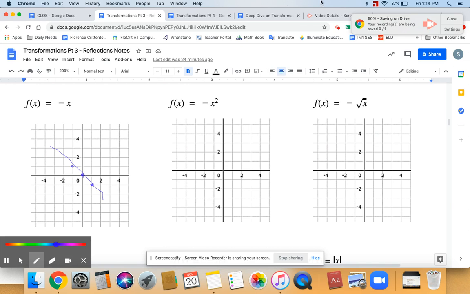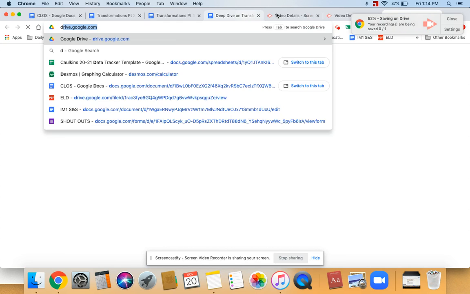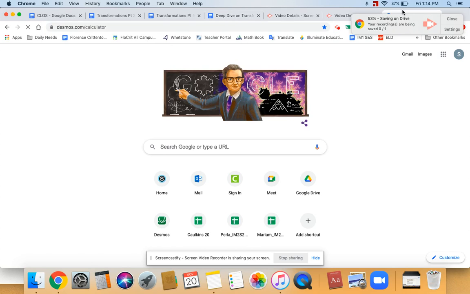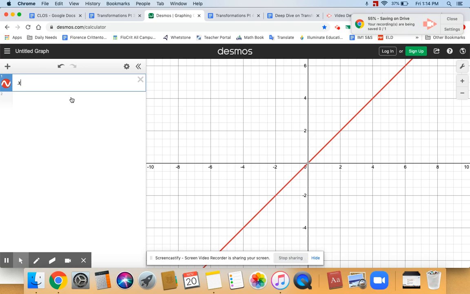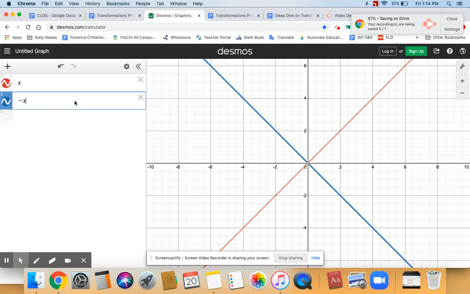That's not straight. Pretend it is. So if you look at Desmos, this is normal x, this is negative x. So instead of left to right, normal x goes up. But then with the negative, instead of left to right, it goes down. So the negative makes it go in the other direction.